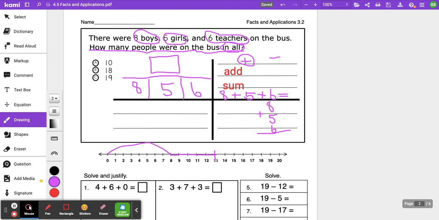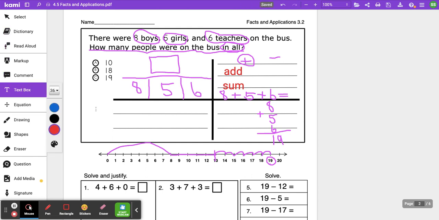We can use, thinking here of the 3 ones and 6 ones, making 9 ones, and my 10th number 19. But let's count it out anyway. 1, 2, 3, 4, 5, 6. What number do we land on? 19. So here, 8 plus 5 plus 6 is the sum of 19.